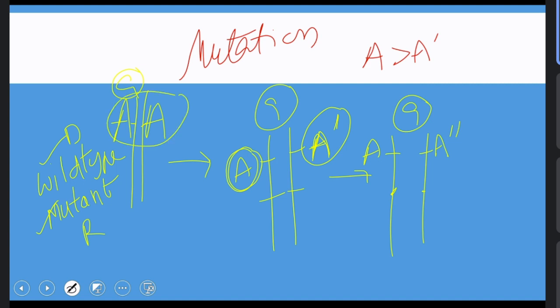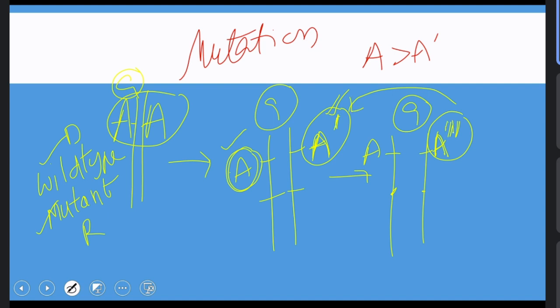One is A, present in one individual, from which A dash originated due to mutation, and this person can have both capital A, or A and A dash, or A dash and A dash. That means only two genes. In another individual, or in a group of individuals, the second gene got mutated and gave rise to A double dash. So A double dash originated from A single dash.